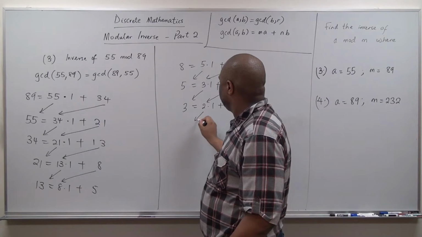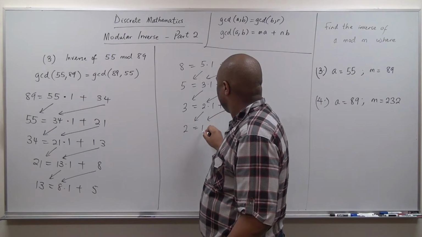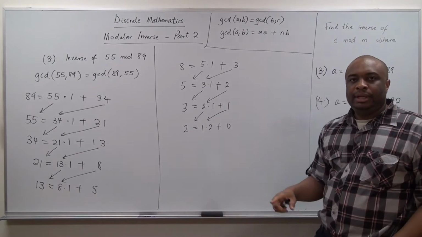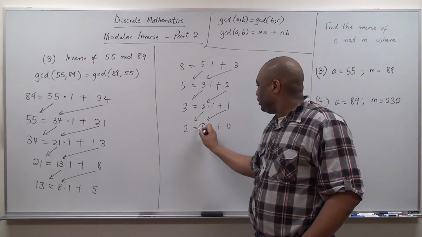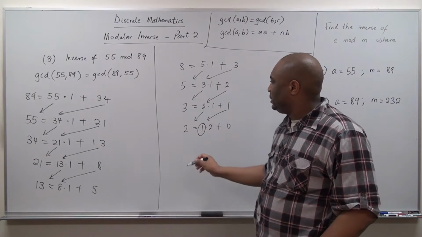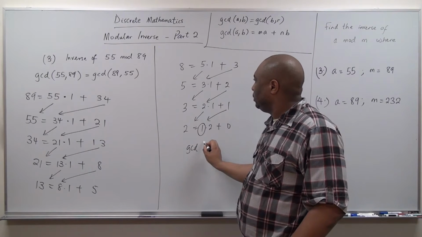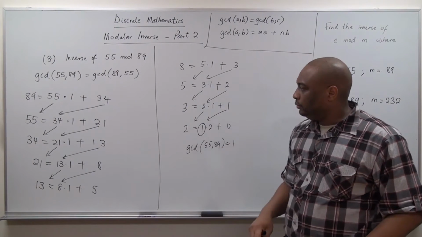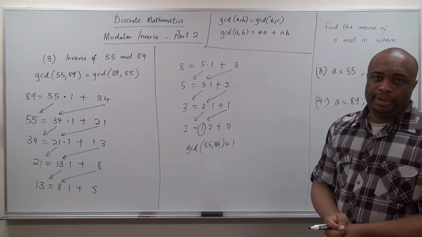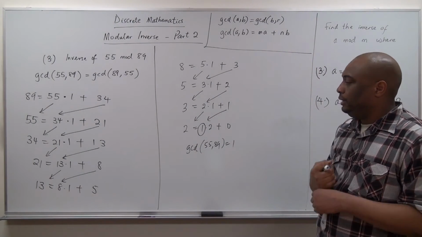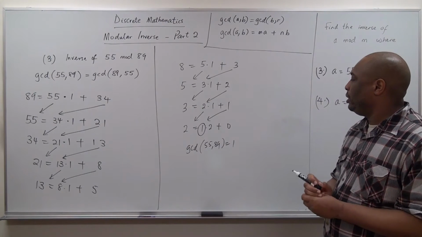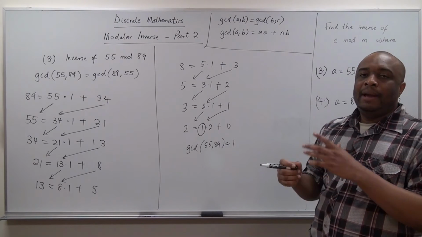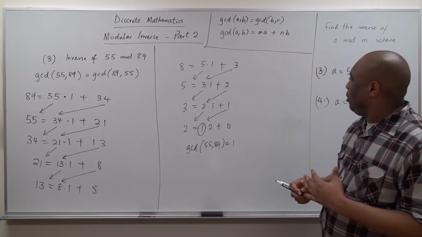And then 2 will be equal to 1 times 2 plus 0. So when it reaches 0, the GCD is 1. So the GCD of 55 and 89 is 1, so they are relatively prime. What we want to do now is to find the inverse of 55 mod 89 by working backwards.